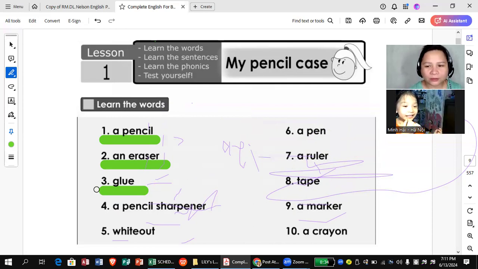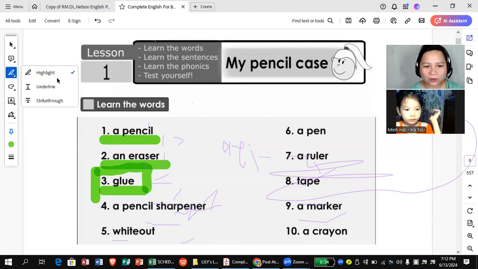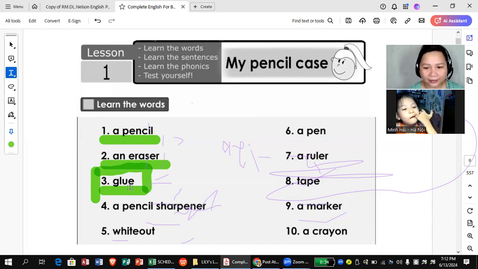U, E. Okay, so what are the consonants there? The consonants here are G and L, and the vowels here are U and E.